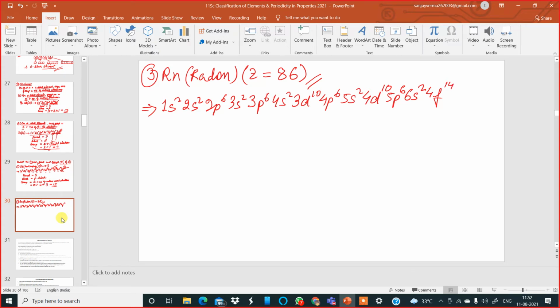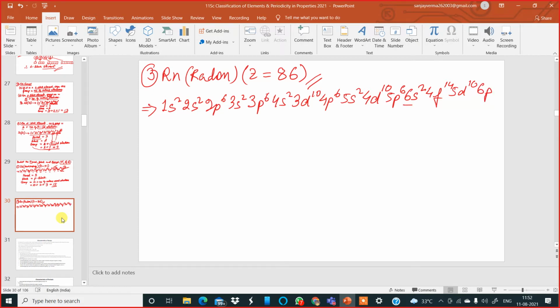After 4f we have 5d10. Then 6s2 is done, and 6p, just check 6p. Now wait till 6p.